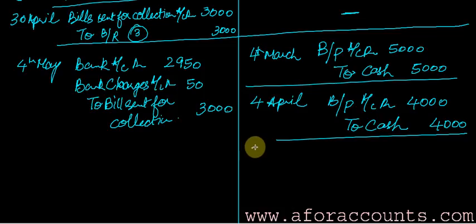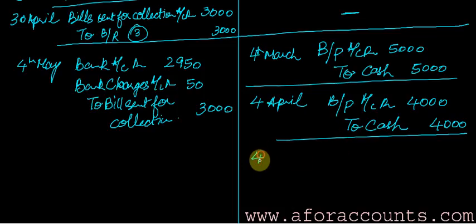Now about the third bill. See, that is what I was trying to explain to you, it doesn't matter if any bill is endorsed to a third party. See here, bills payable to cash is the entry. Now the cash is going to A or C. It is immaterial in the books of B. So you need not bother who has the bill right now. Your entry will be bills payable account debit to cash, and that's final.